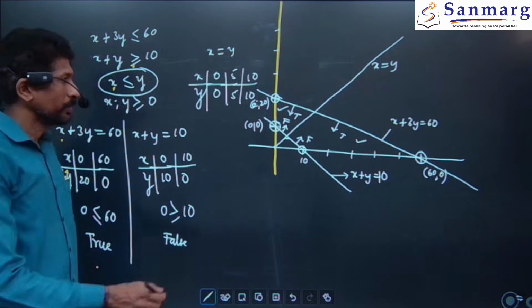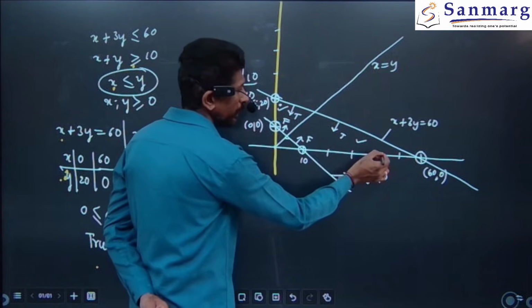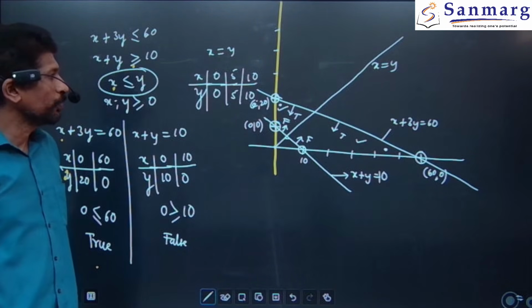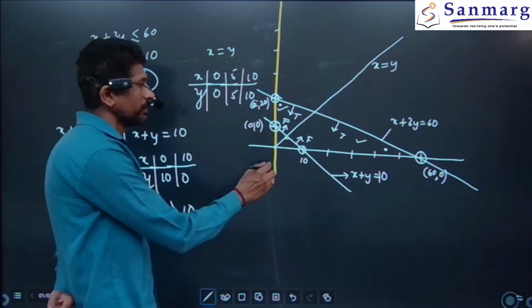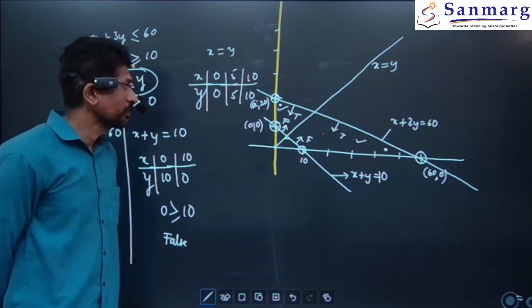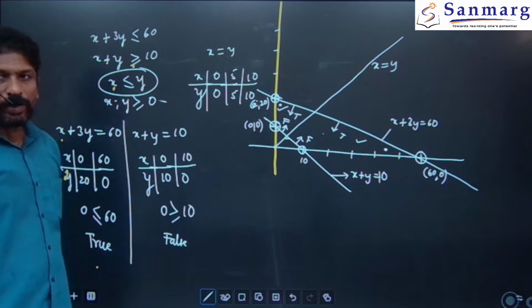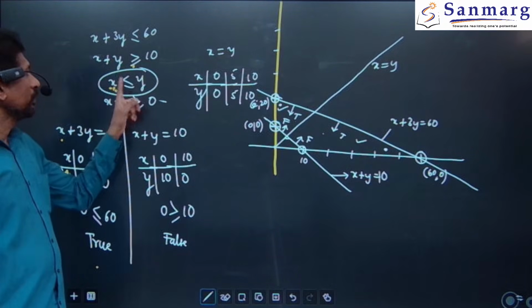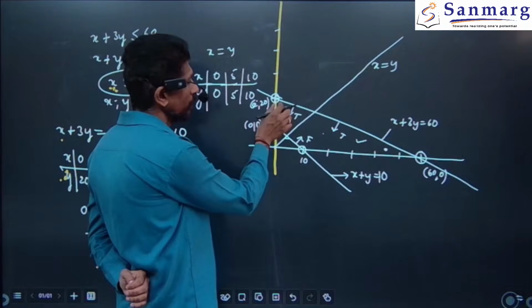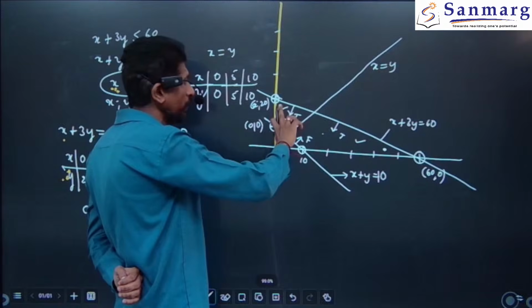Here you have to consider two points, nearest the y-axis and nearest the x-axis. By those two points you identify which part is the correct feasible region. Here x is the lesser one compared to y. When you consider an x value, automatically y is greater.